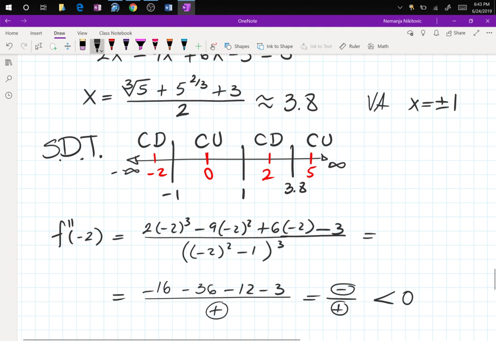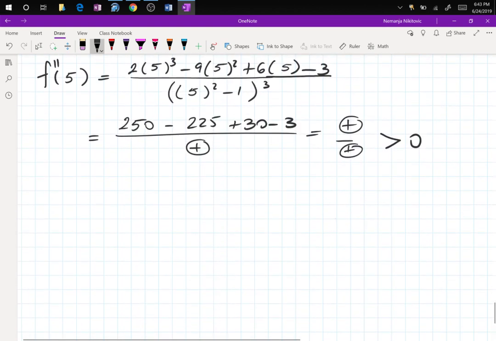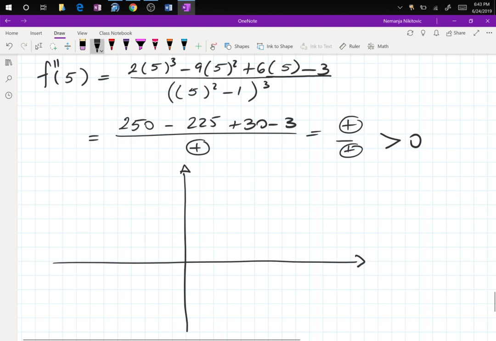We're done with the first derivative test, done with the second derivative test, so we can graph. Now graph is going to go in the middle because we have a lot of these features over here. I'll start with asymptotes. I have 2 vertical asymptotes, one at negative 1 and one at positive 1.